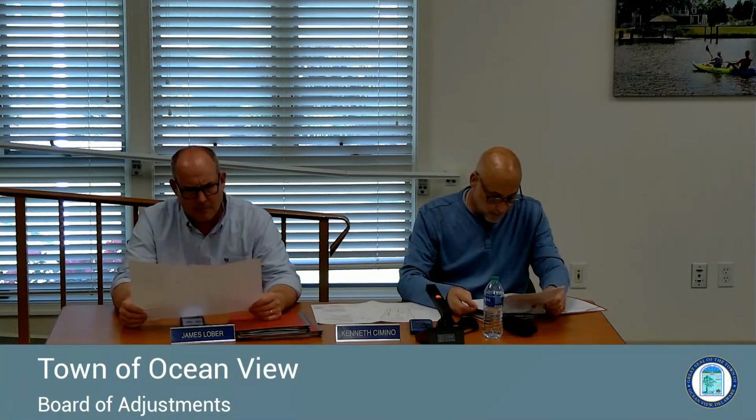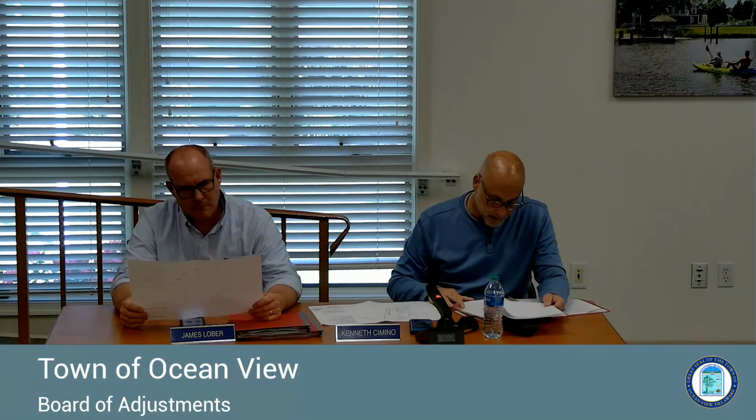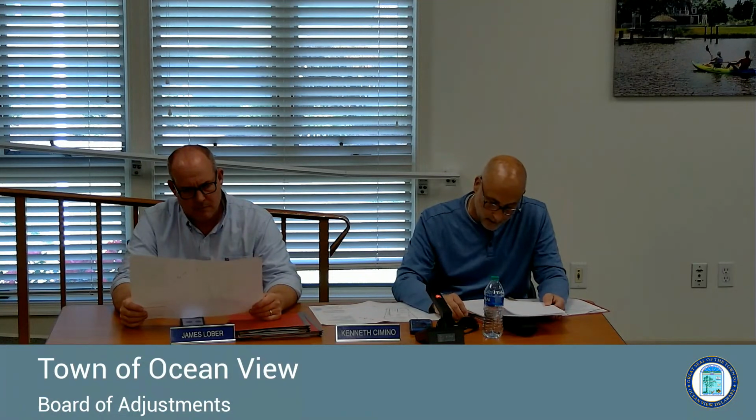At this time, we'll read through the application for relief. Number one, uniqueness. Do you have a unique circumstance or condition such as irregularity, narrowness, or shallowness of lot size or shape, or exceptional topographical or other physical condition peculiar to the property? The applicant states yes, the house was built way back on the property, so the front yard is much larger than the rear yard.